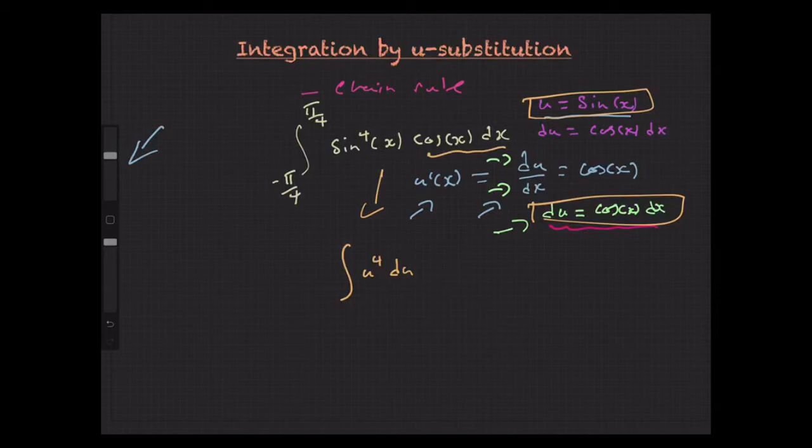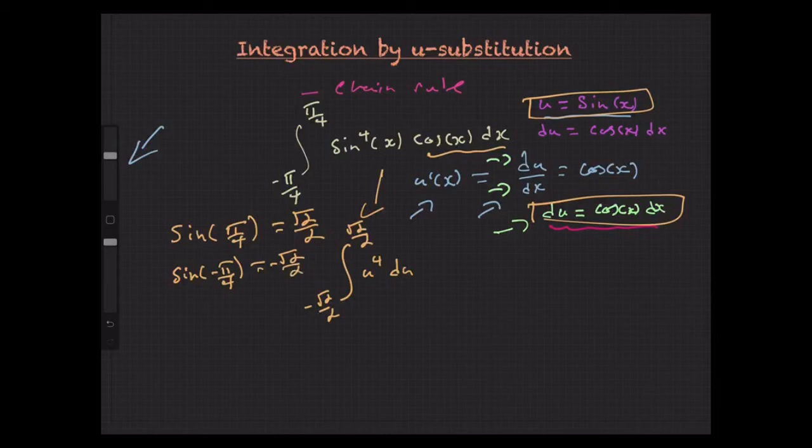I'm actually going to evaluate it from negative root 2 over 2 to positive root 2 over 2. And this, of course, is because sine of pi over 4, as hopefully we all know, is root 2 over 2, and sine of negative pi over 4 is negative root 2 over 2.